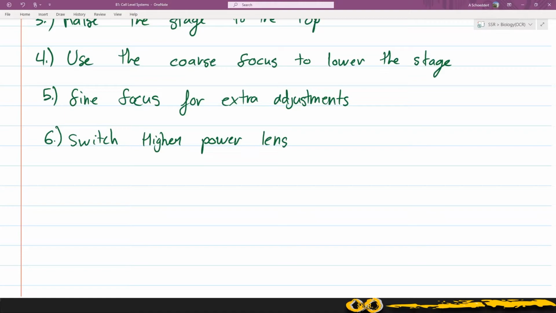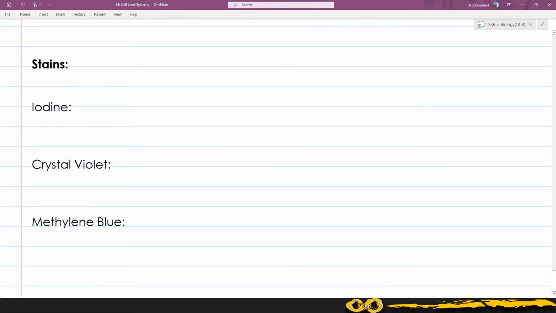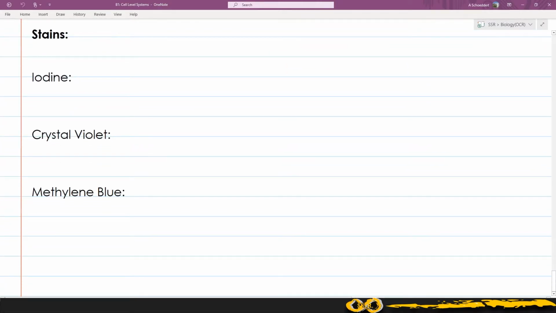So what exactly are you going to be able to see now that you've got your steps for using your microscope? Well, it turns out not a lot actually, because most cells and most cell parts don't really show up very well on a microscope. So in order to see them properly, we use our stains. There are three main stains that you need to know, and they each work for different things. Iodine is the stain that you use for plant cells because it reacts with starch.